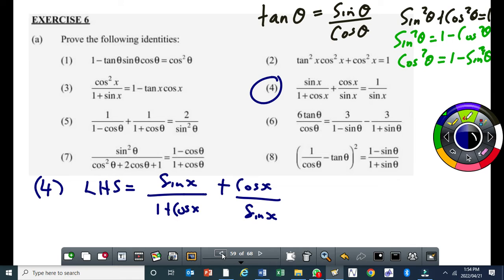I did. It's number what? Number 4. Yeah, it's correct.